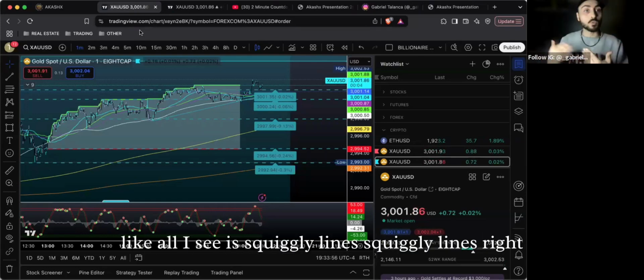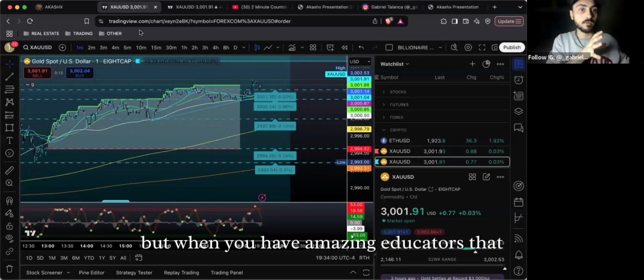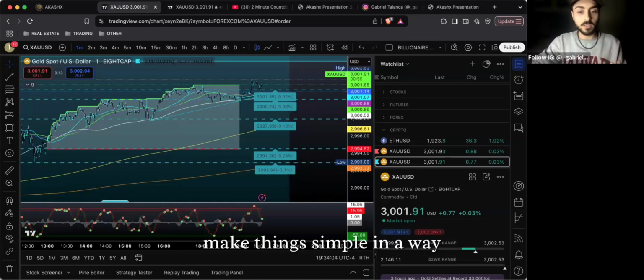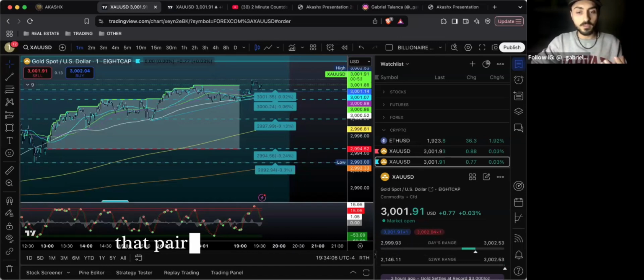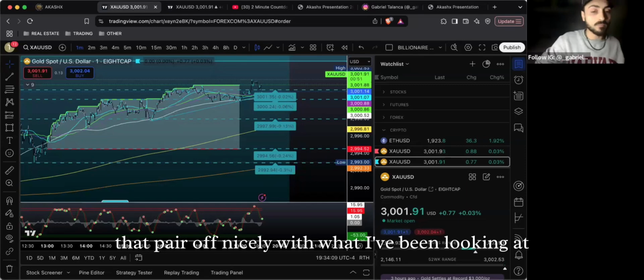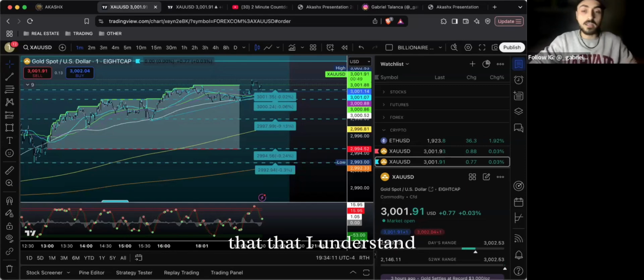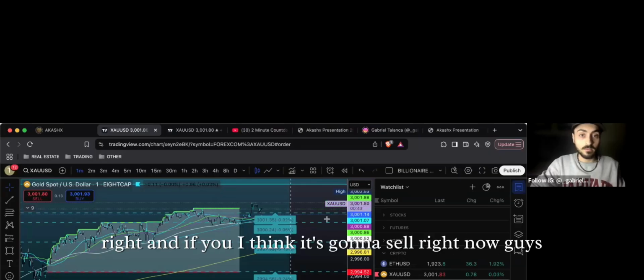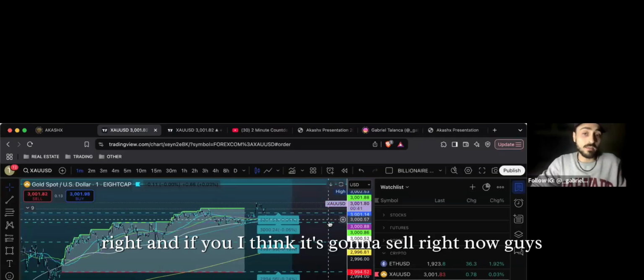All I see is squiggly lines, right? But when you have amazing educators that make things simple in a way that pairs off nicely with what I've been looking at, that I understand, it makes trading so much more fun and easy, right? And I think it's gonna sell right now, guys.